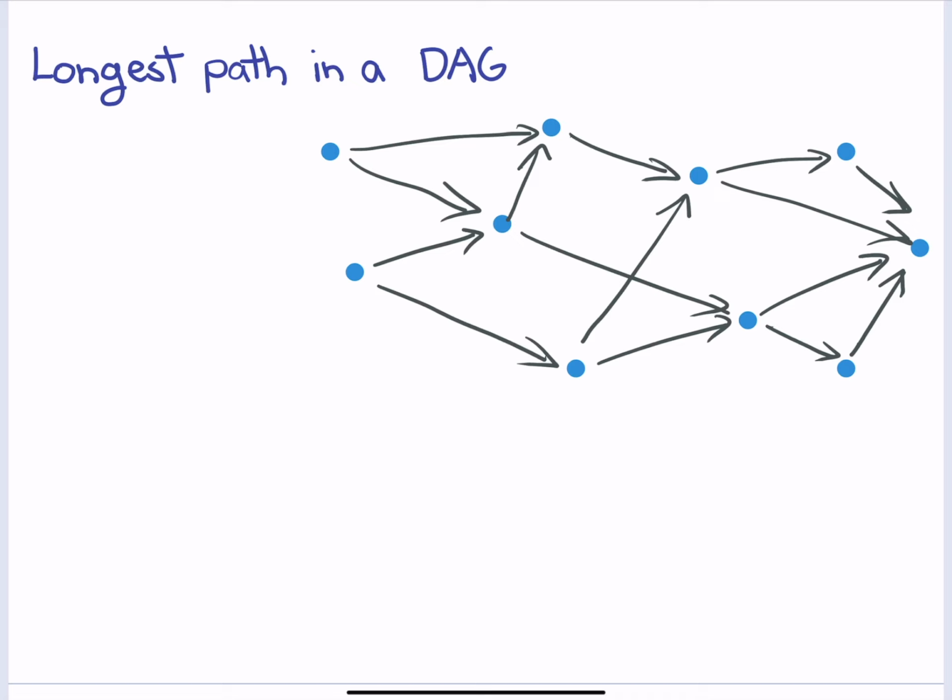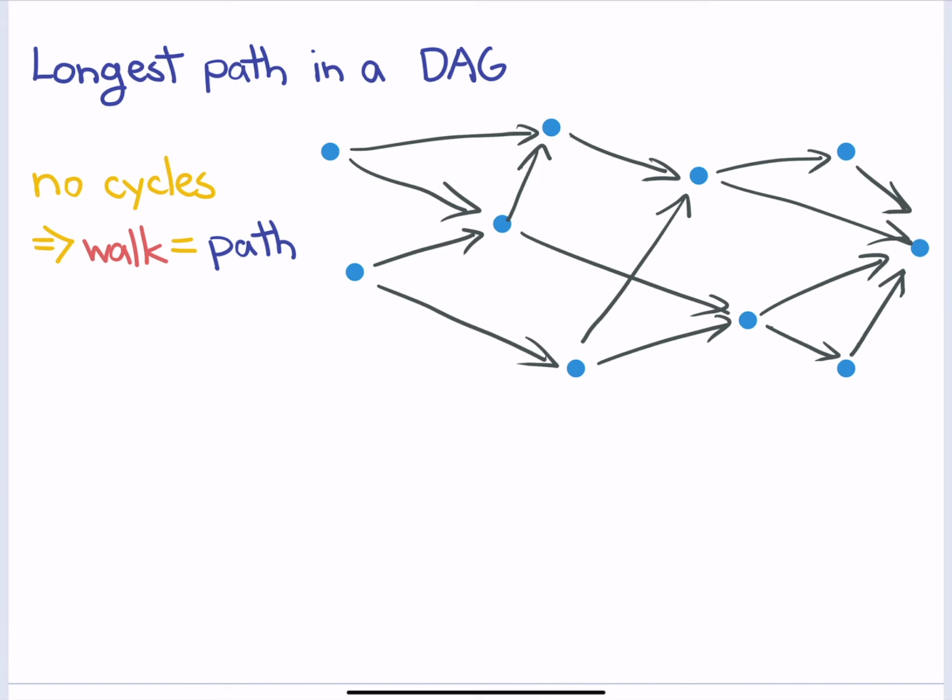This is a midterm question. It's a directed acyclic graph, right? There are no cycles. Right, so no cycles. So in particular, every walk is a path.